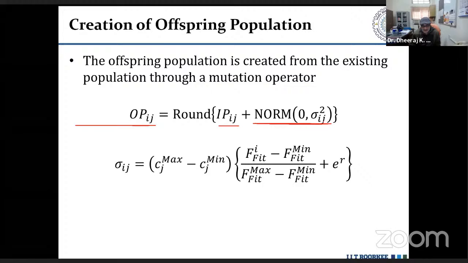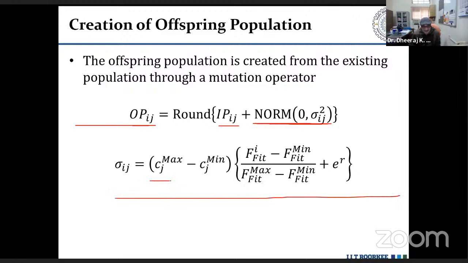And the standard deviation of this normally distributed noise is computed by this expression, that is the maximum and minimum range of jth variable, and this term, that is depending on the fitness. So this value will vary from 0 to 1.